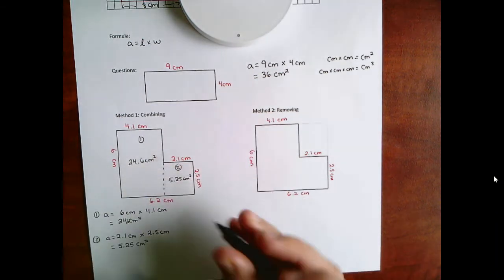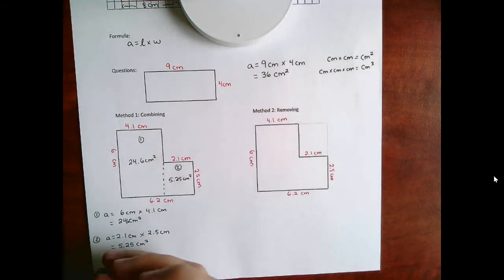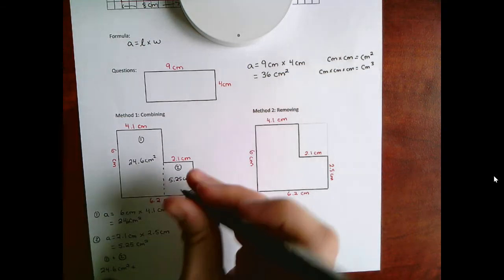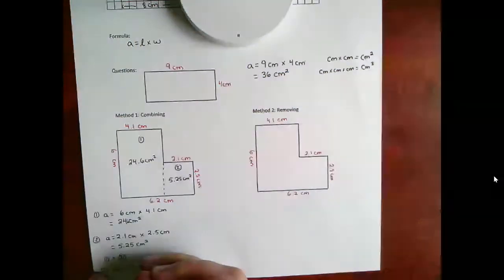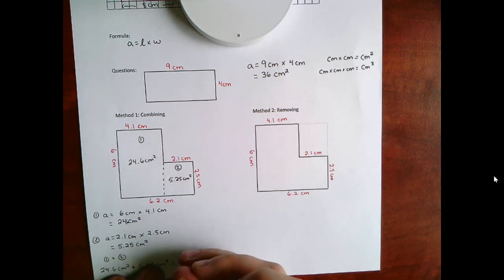Well, that's the area of each of those. Now what we have to do at the very end is add them together. So we add up shape 1 plus shape 2: 24.6 centimeters squared plus 5.25 centimeters squared, which gives us a final answer of 29.85 centimeters squared.